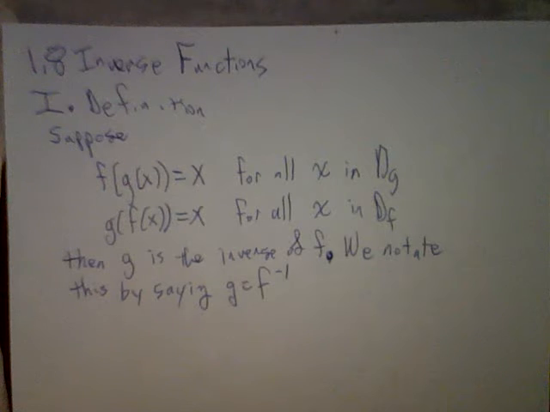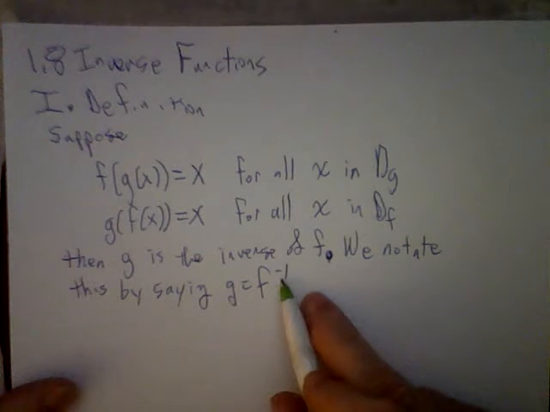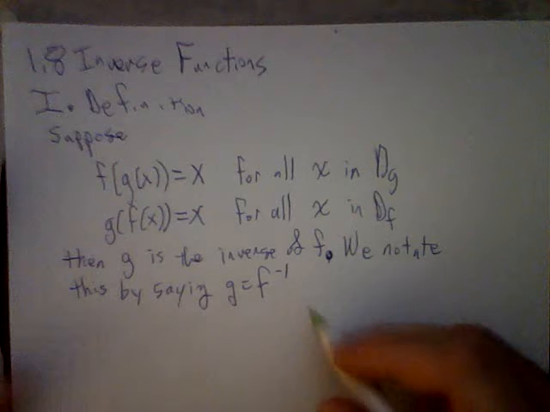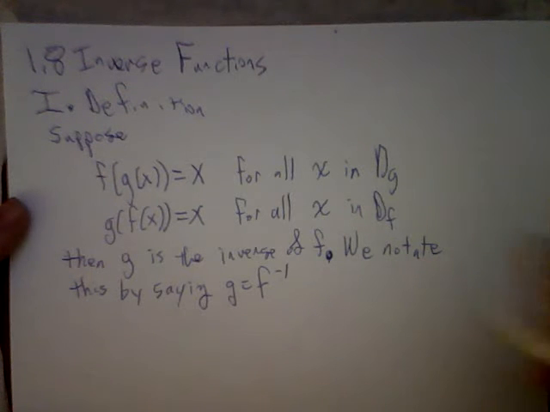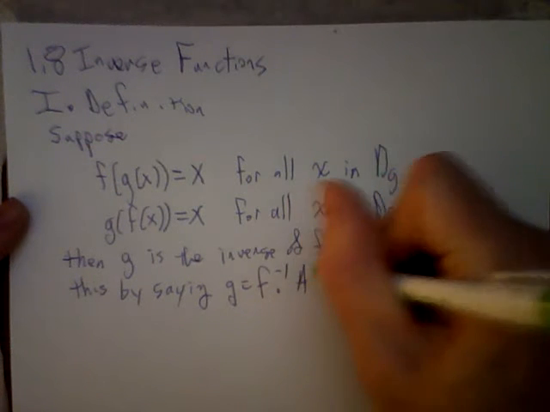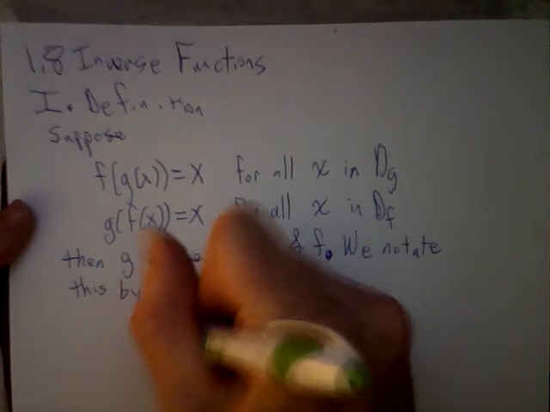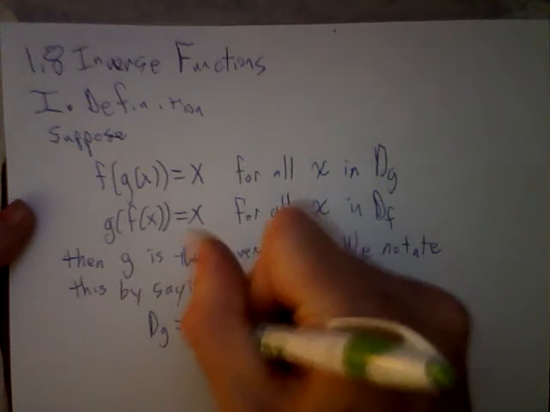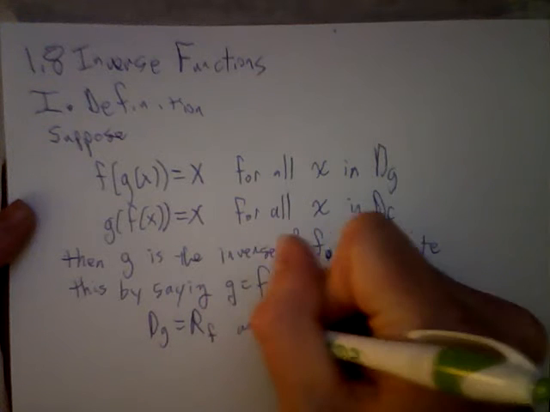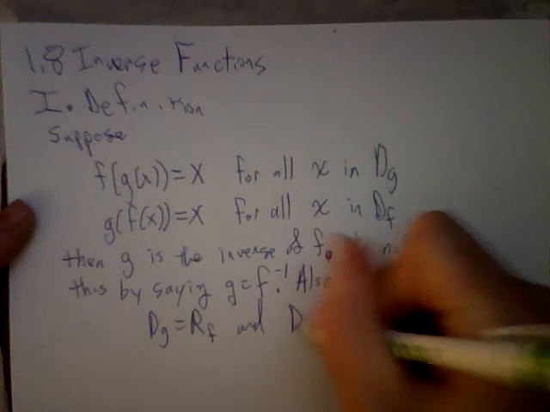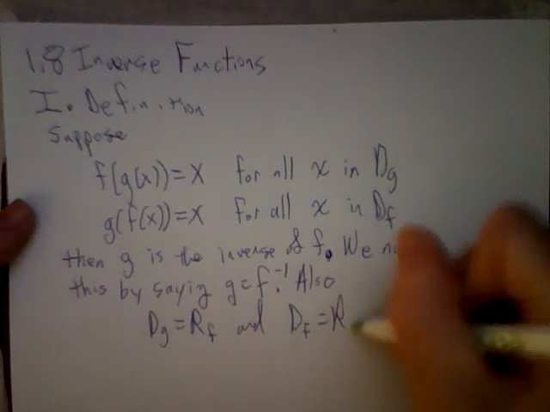So that's not an exponent, that just means inverse. It's just a way of notating it. And also in these cases, these domains and ranges will relate to each other. Basically, the domain of g will be the range of f, and the domain of f will be the range of g. Okay.